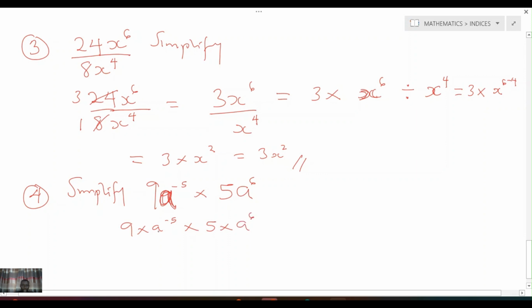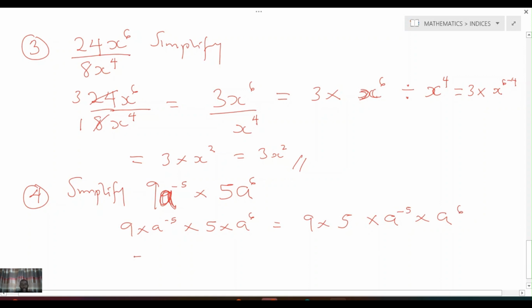So this is the same thing as 9 times 5, we just collect the like terms, times a raised to power minus 5 times a raised to power 6, right?